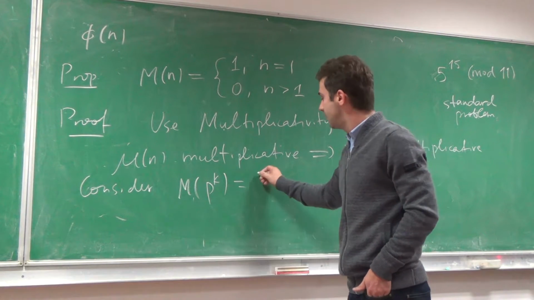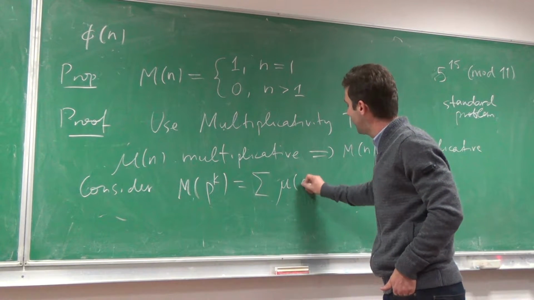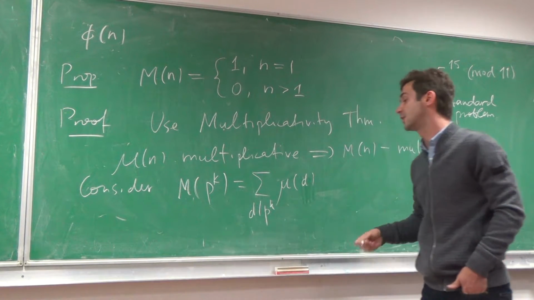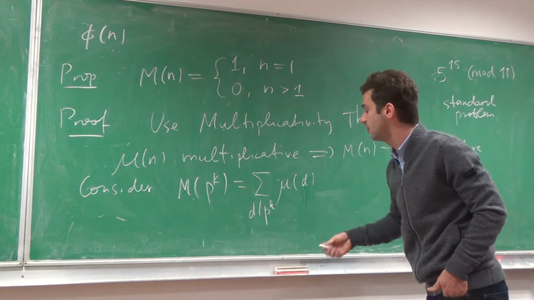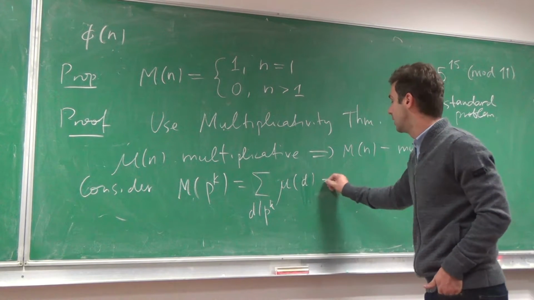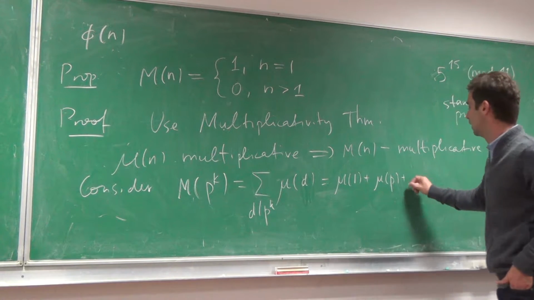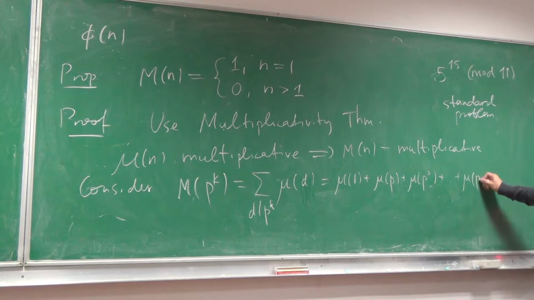So this is the sum of mu over the divisors of this number. This is the definition, a sum over divisors. A trick we often use is that we know what the divisors of this number are. So I need to take mu of 1 plus mu of p plus mu of p squared all the way up to the last one.